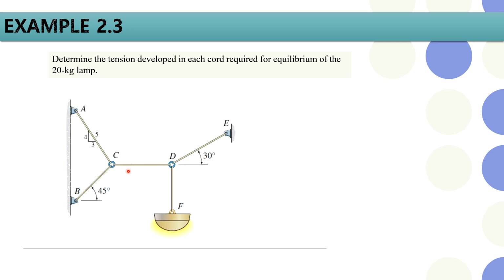DC. Once you know the tension in cord DC, you can draw a second free body diagram at joint C as your center point and use that known force of DC to find the tension in cable CA and the force along cable CB.